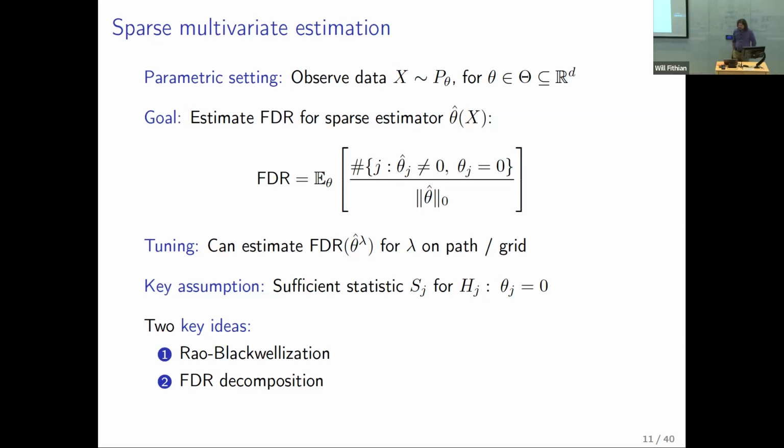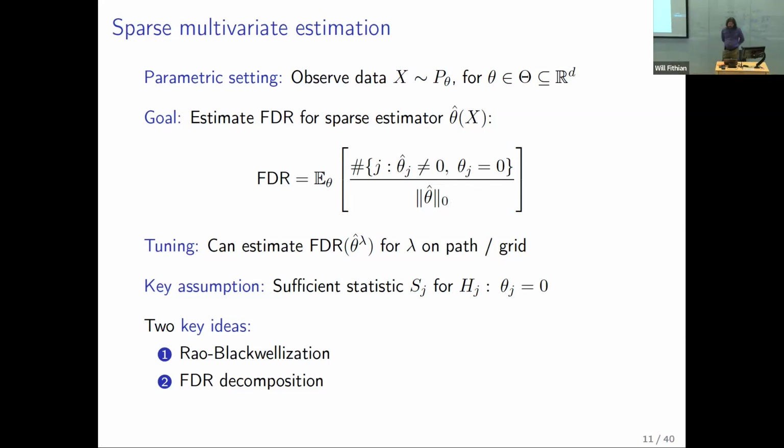The natural definition would be the number of zero variables that are estimated to be non-zero, or the number of selected variables that are just noise variables, divided by the total number of selected variables. That fraction is the false discovery proportion, and then the false discovery rate is the expectation of that. So that's what we mean by false discovery rate in the talk.